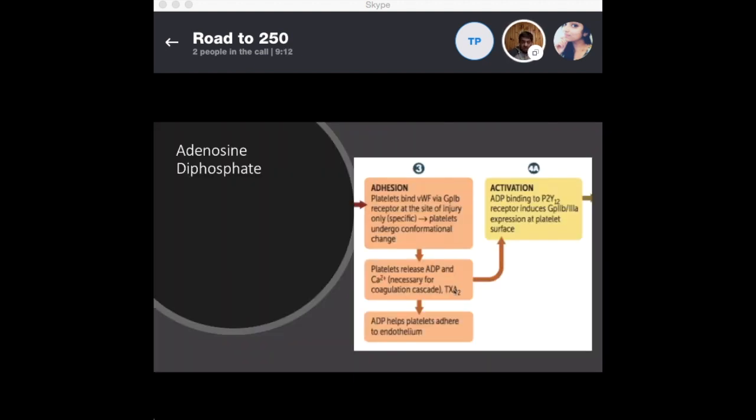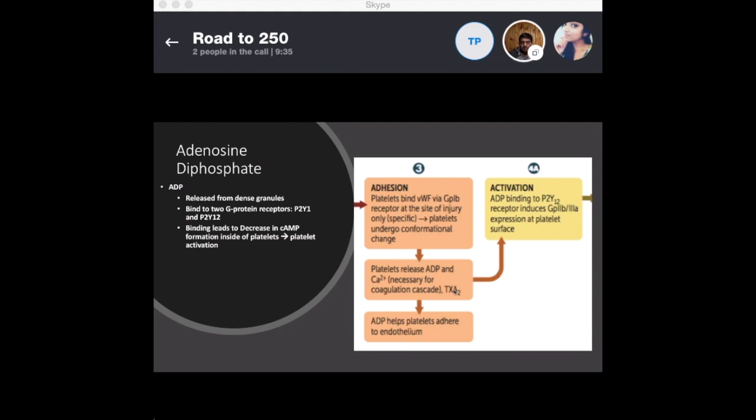So adenosine diphosphate, which is ADP, is released from the dense granules, and it binds to two G protein receptors, P2Y1 and P2Y12. These basically lead to a decrease in cAMP inside the platelets, and then they activate the platelets.